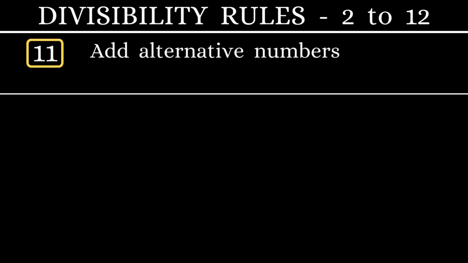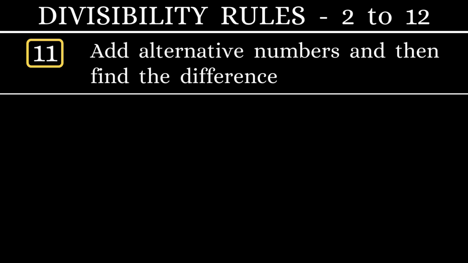Next, we'll move on to divisibility rule for number 11. Here we'll be adding the alternate digits in the given number. Then find out the difference between the two sums.